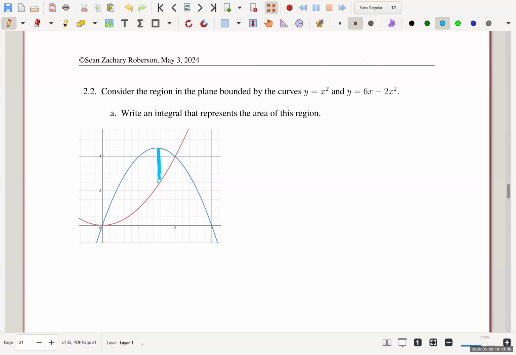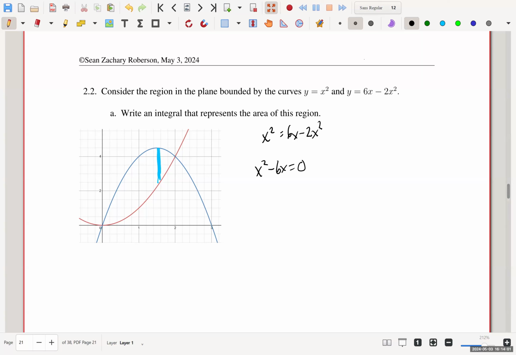But what do we have to do, really, when we set up this integral? We have to find the limits of integration. Oh, the picture tells me that it's from 0 to 2. Okay, what if you don't have the actual grid? Set the two functions equal to each other. x squared equals 6x minus 2x squared. Shove stuff over. We have 3x squared minus 6x equals 0. That's not right.